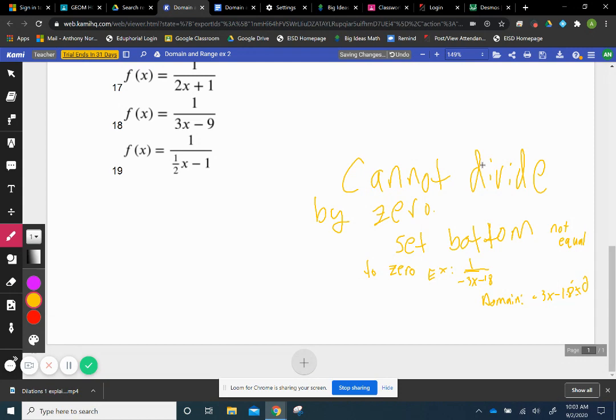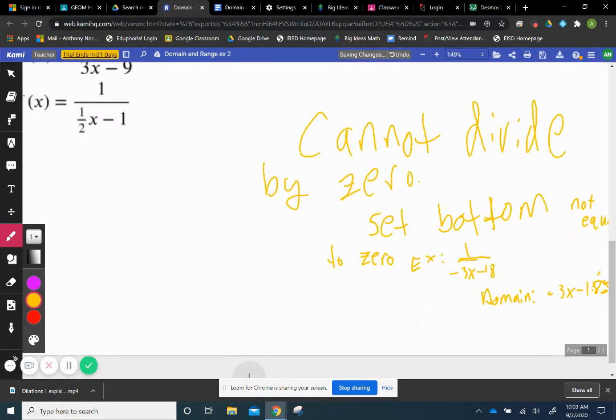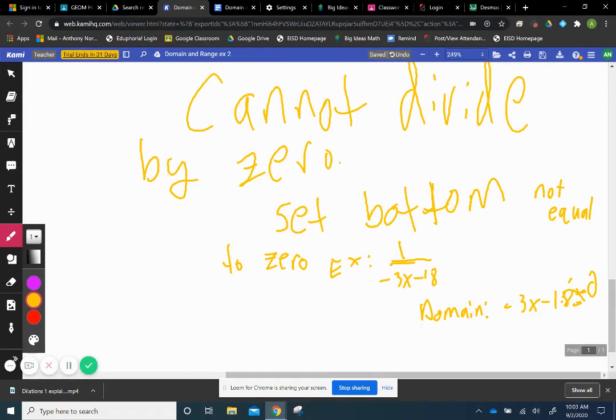So the first step of getting x by itself is to move the 18. So we have negative 3x does not equal 18.